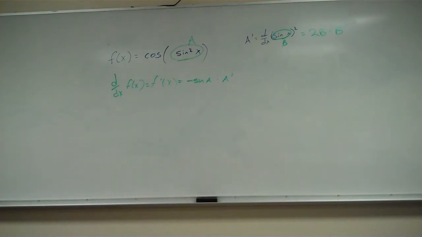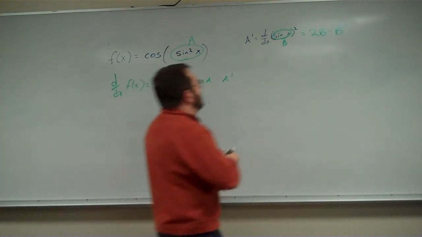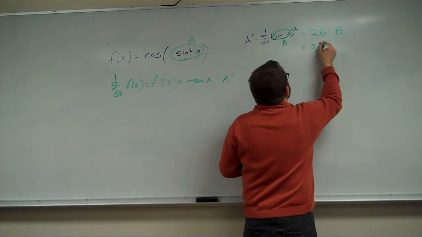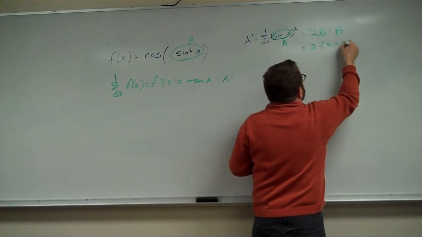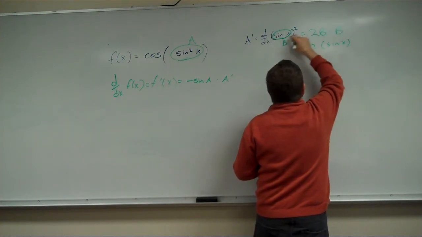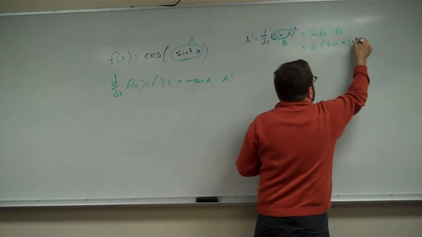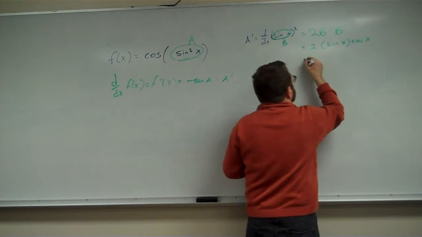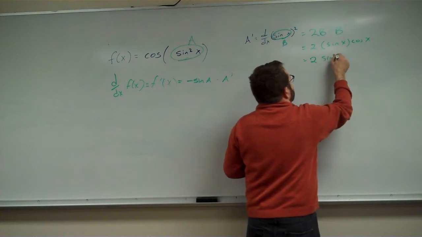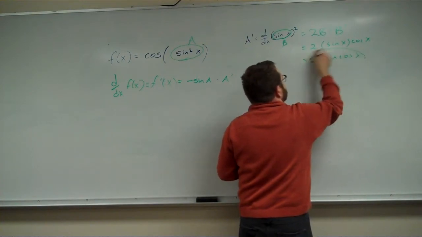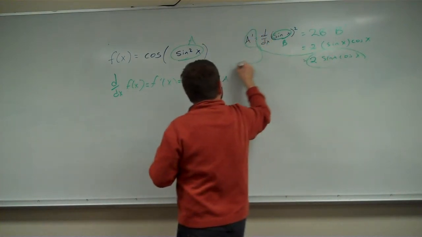It's a chain rule inside of a chain rule. So we've got 2, well, that b is sine of x, and b prime, the derivative of sine of x, is cosine of x. Equals 2 sine x cosine x. So this thing, which was a prime, goes back over here.